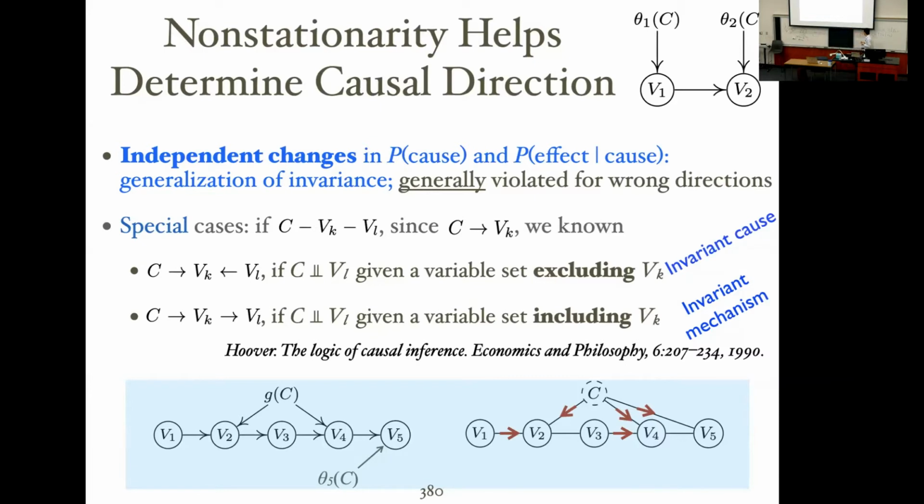I can give examples here. We know rain causes wet ground. Suppose in the first case, regarding invariant cause, you stay in the same region, but you may stay in different places.